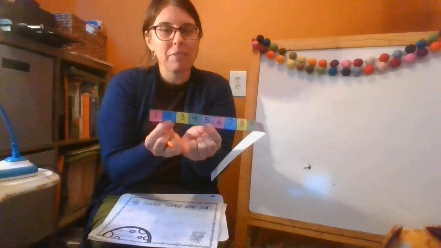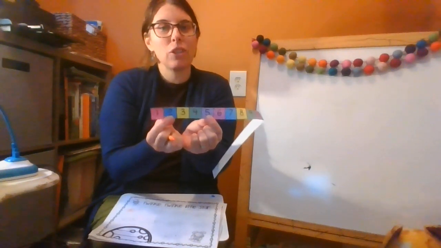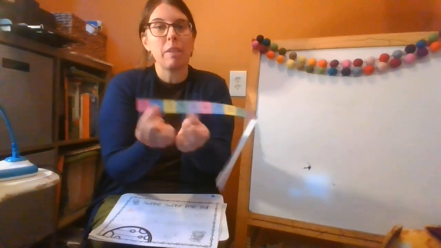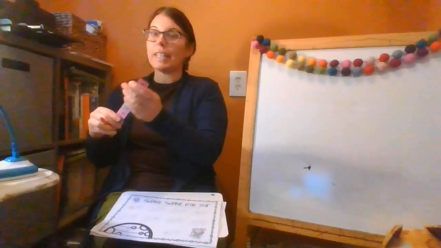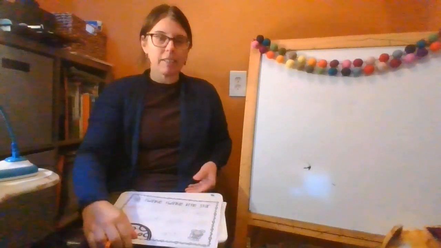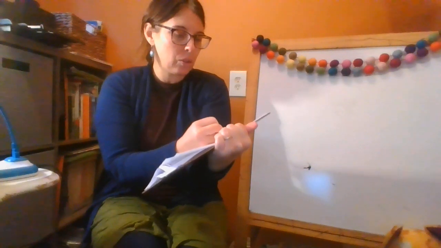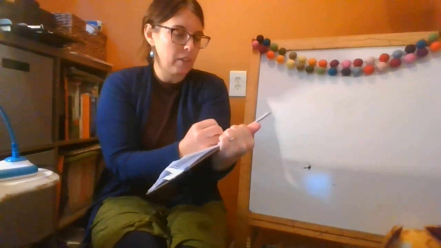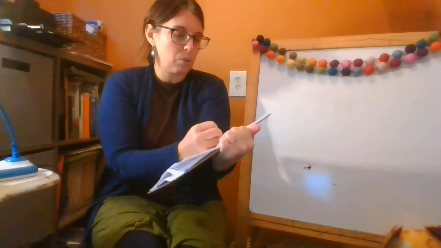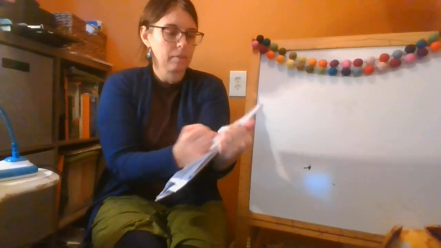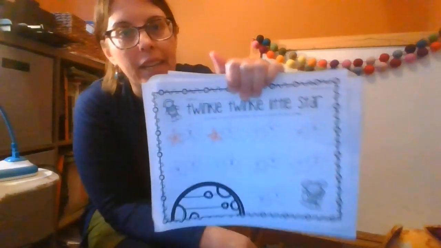Which one is smaller? 2 or 5? 2, right? It comes first on the number line. Okay, so we know 2 is less. Less, less, less. On the star page, you're coloring the one that's less. So 2 is less. So we'll color in the number 2 star.